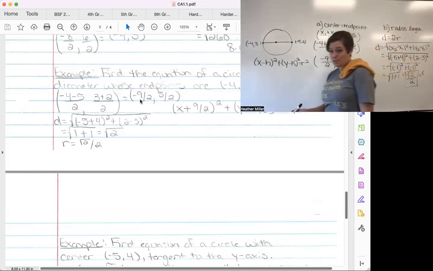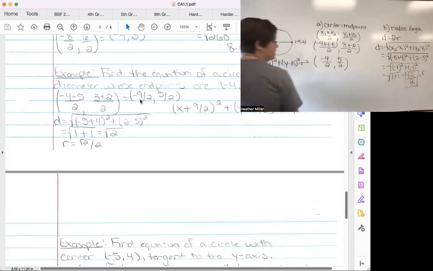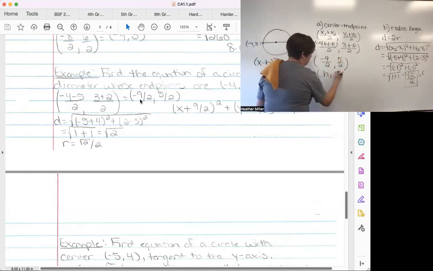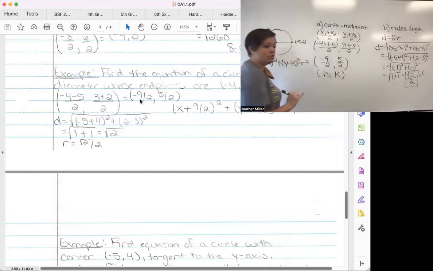And you're like, well, that's gross. I'm sorry. That's how this problem plays out. But now we have our radius, which is the square root of 2 over 2. We have our center, which is our HK. So we're just going to put those values into the basic format of our circle equation, where we have x minus h.